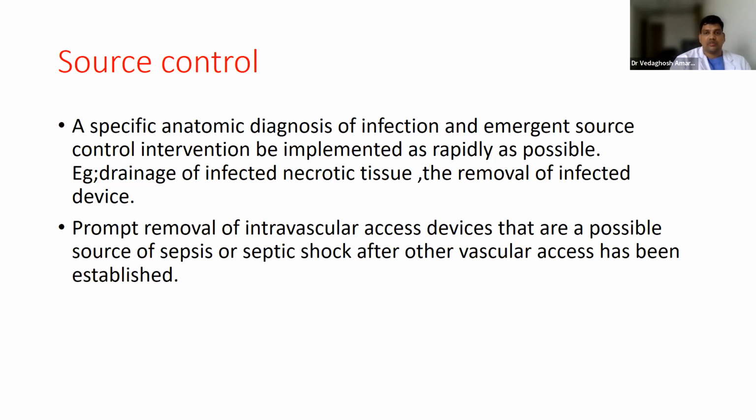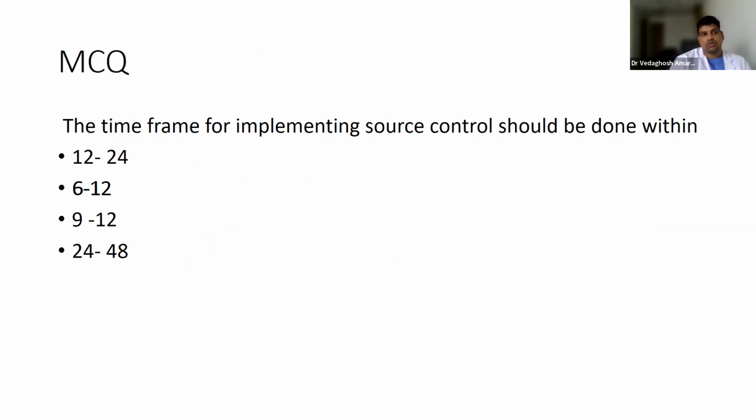Or the patient has a central line device, through which he has been hemodialyzed from outside, which can be a source of infection. With suspicion of infection, you have to remove the source as early as possible. They say source control should be done within 12 hours, so that effective antimicrobial therapy and appropriate source control management can be done. This is what they said about source control.